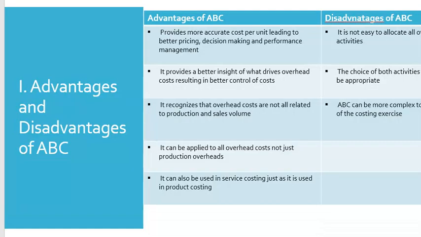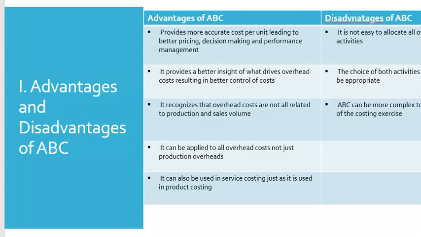But let's go to advantages of ABC. So the first advantage of ABC is that it provides accurate cost per unit, leading to better pricing, decision making, and performance management. Why accurate? Because we have gone through all the stages of ABC to arrive at the value of product cost.